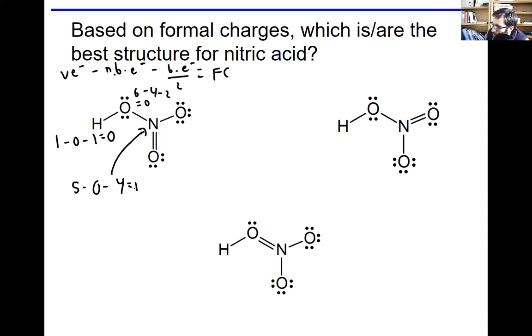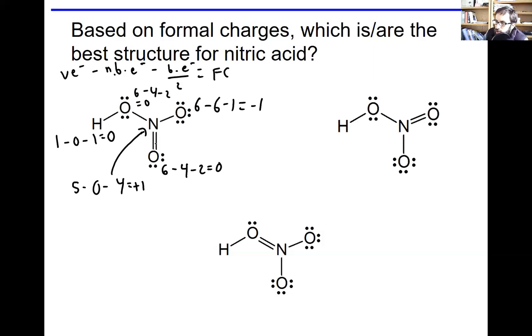So that's going to be plus 1. This oxygen down here, oxygen's group 6, minus 4, 2 lone pairs, non-bonding electrons, minus 2 bonds, that's 0. And this oxygen is, again, 6 valence electrons, 2, 4, 6 non-bonding, and there's 1 bond, so minus 1, that's minus 1.